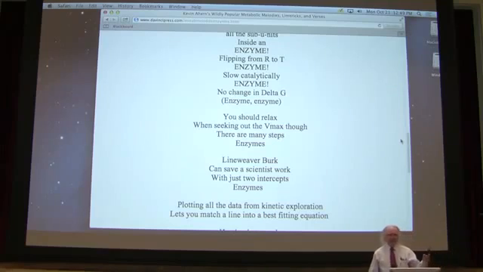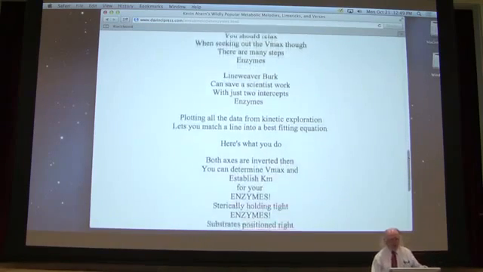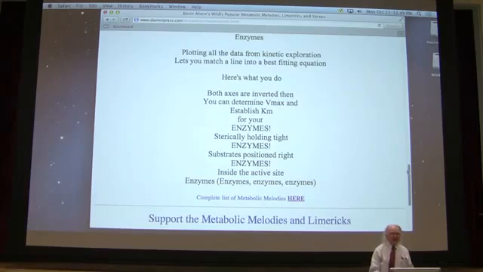Enzyme, enzyme. You should relax when seeking out the Vmax, though there are many steps. Enzymes, Lineweaver-Burk can save a scientist's work with just 2 intercepts. Enzymes, plotting all the data from kinetic exploration lets you match a line into a best-fitting equation.